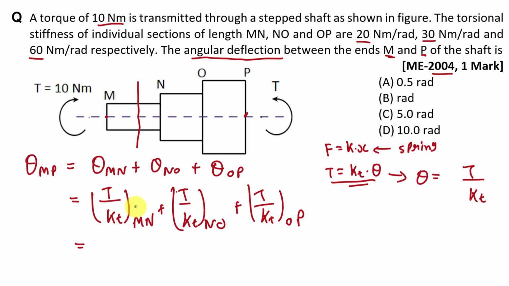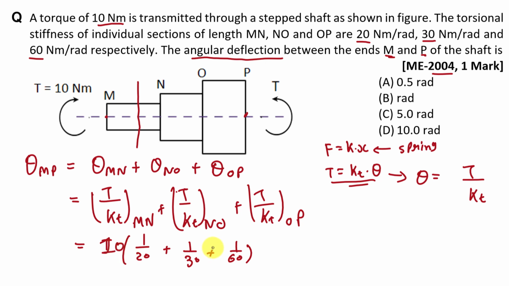So here we can take common T into 1 upon Kt for MN plus 1 upon Kt for NO plus 1 upon Kt for OP, and the values of torsional stiffness are given to us, that is 20, 30 and 60. So it is 1 upon 20 plus 1 upon 30 plus 1 upon 60. And the value of T is also given, that is 10 Newton into meter. So here we can put 10.